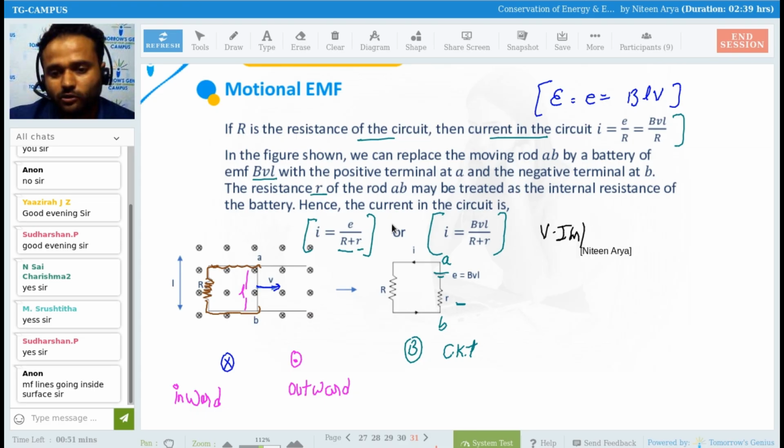Sometimes they directly want to ask either this potential difference, either the I, or either this small r also. Given everything, find small r. So you need to focus on this formula. Okay, wait.